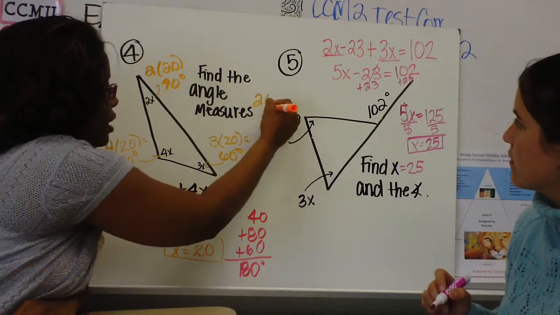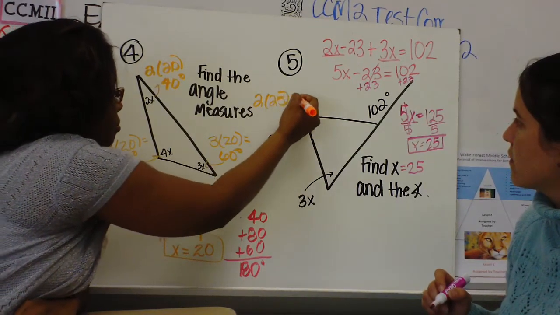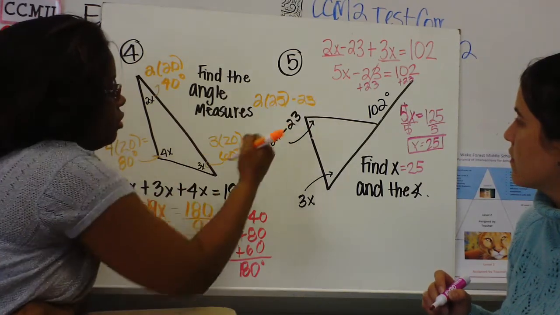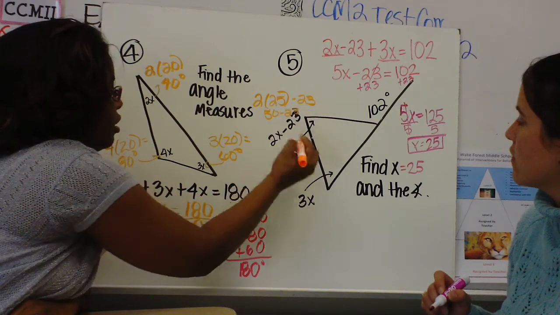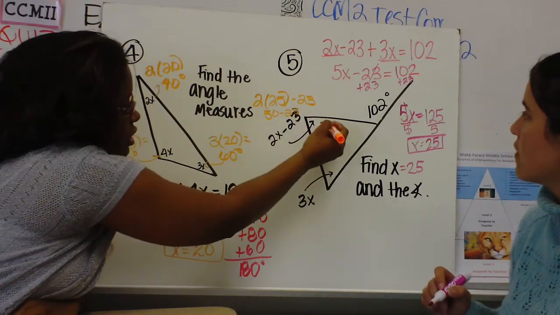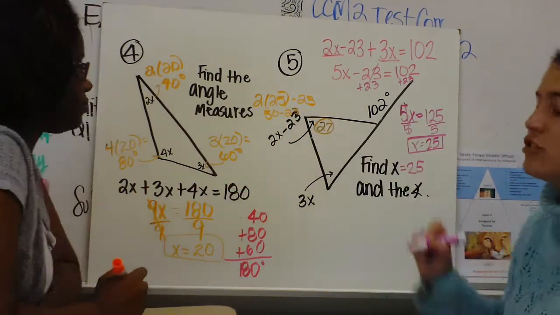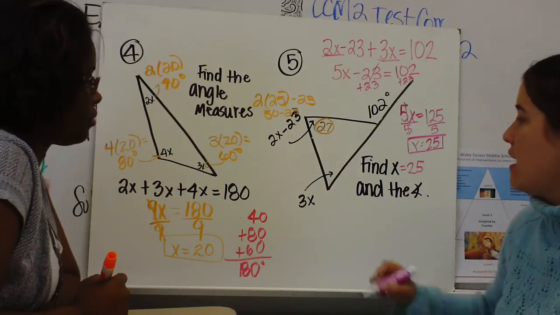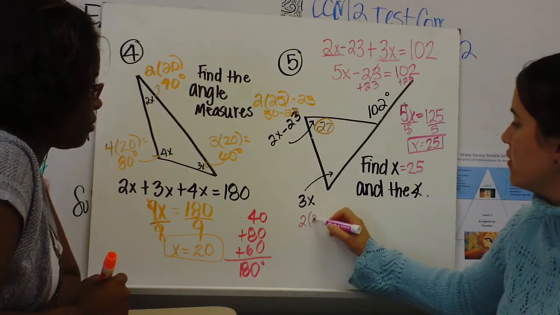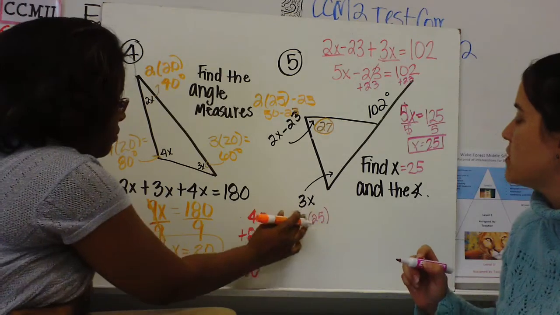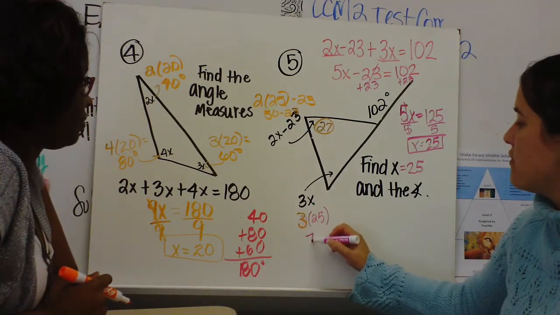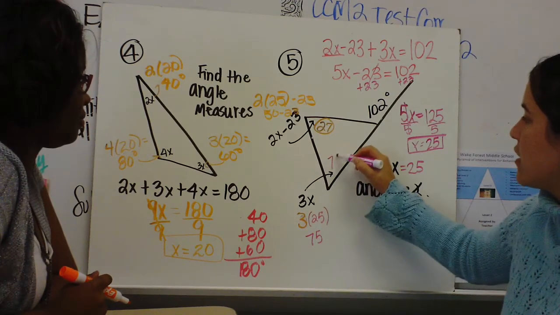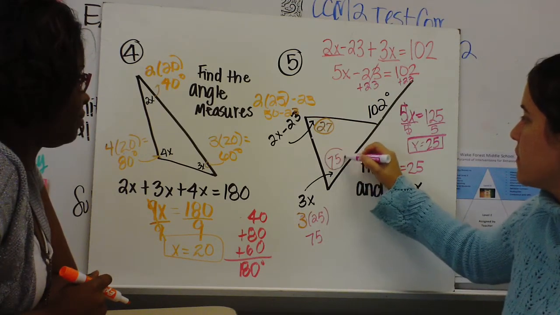So you're going to have 2 times 25 minus 23, or 2 times 25 is 50, minus 23, which is going to be 27. So one angle is 27. And now this angle, when we plug in 25 for x, 3 times 25, we are going to get 75, which means this angle is 75 degrees.